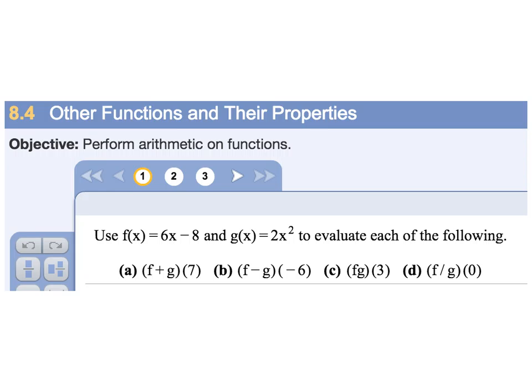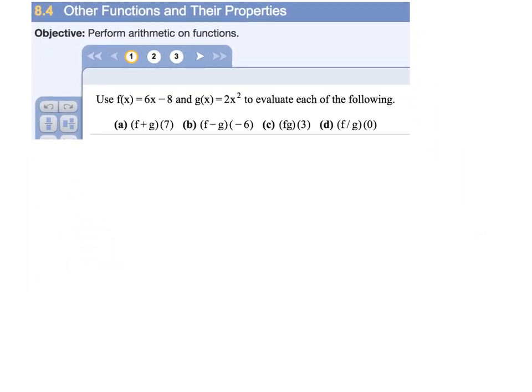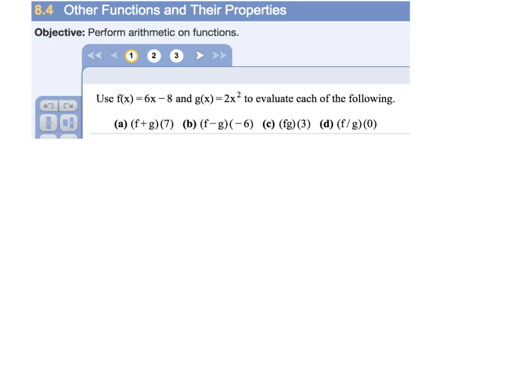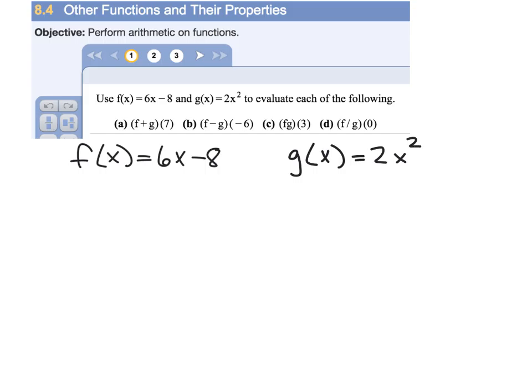When you are performing arithmetic on functions, you've got these two functions right here. You've got f of x, which is 6x minus 8, and then g of x, that's just another name for another formula, and that's equal to 2x squared.